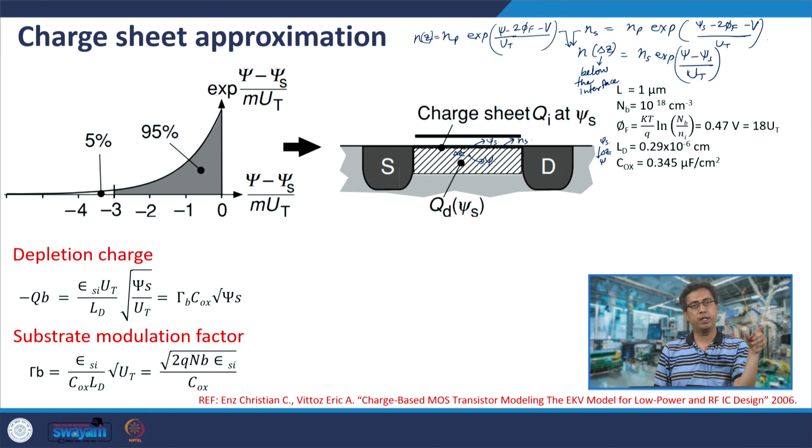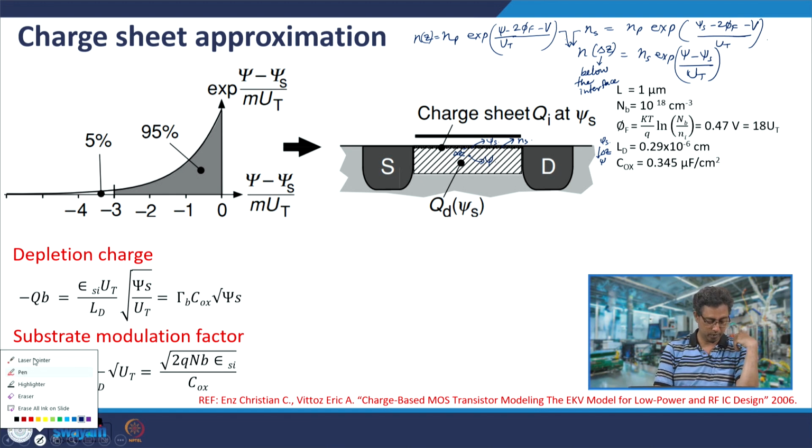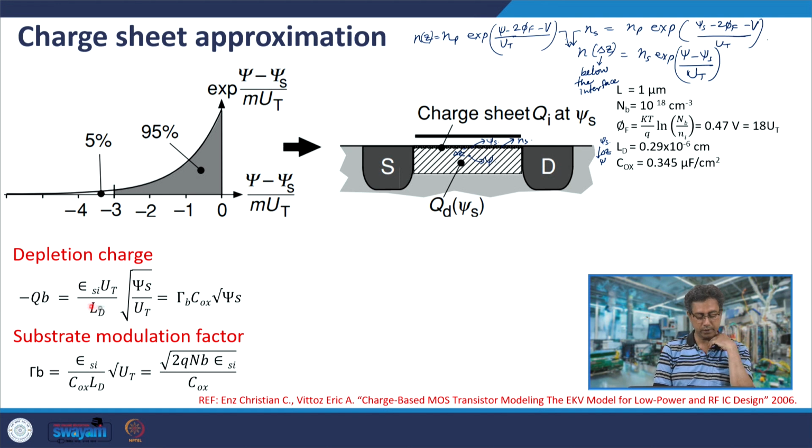In weak and moderate inversion, that term also is negligible, and therefore only the linear term remains. We have integrated the f function. Whatever is in this square root term is actually proportional to f, as we had seen, the f function in moderate inversion.